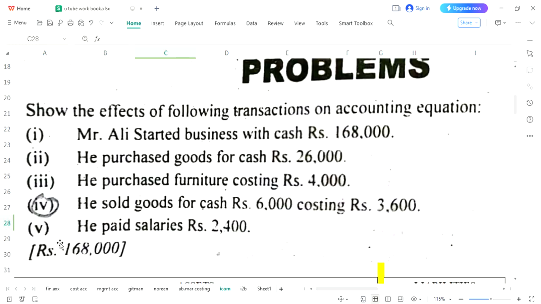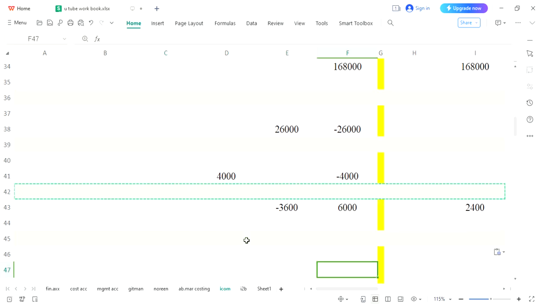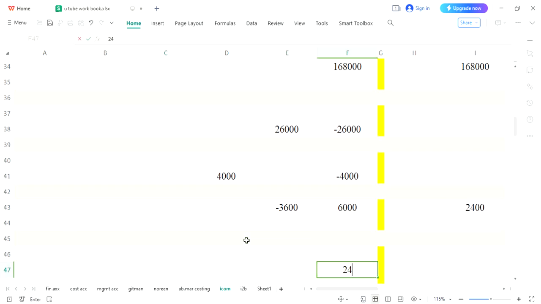Alright guys, now next is paid salaries. When you pay salary, it means cash will go out. Cash is your asset, asset decreased 2,400. So over here 2,400 worth of cash is decreasing, so you will put minus 2,400.